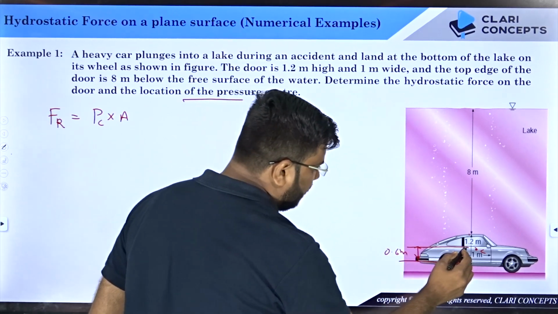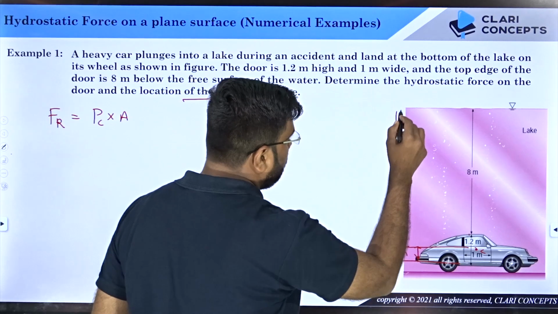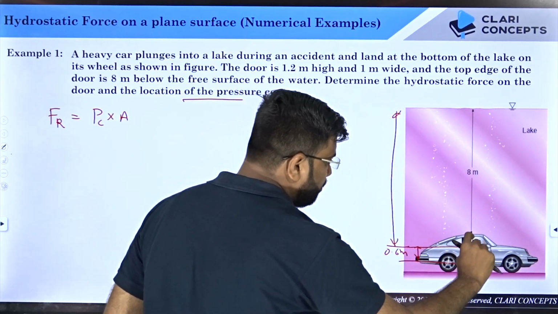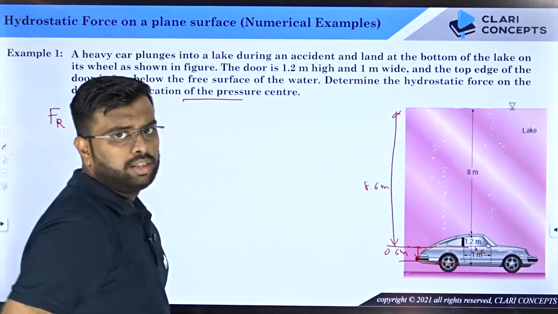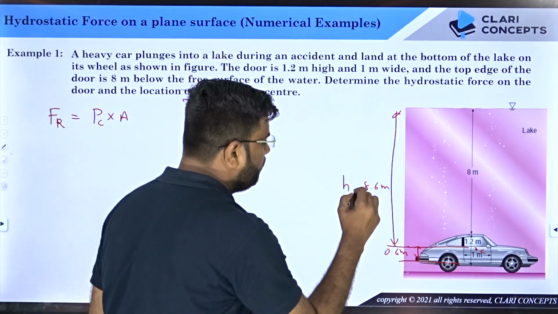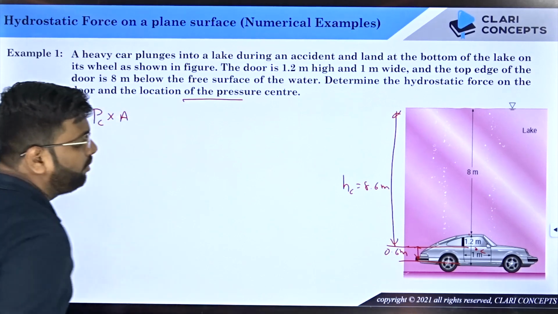So what is the total distance of the centroid point from the free surface? This is 8 plus 0.6, so this will be 8.6 meters. This is your HC, the depth of the centroid of this particular door.